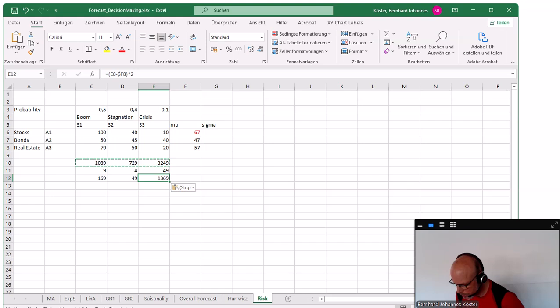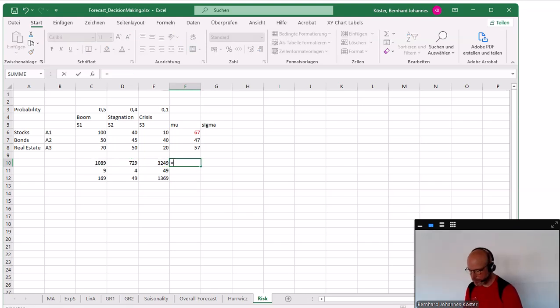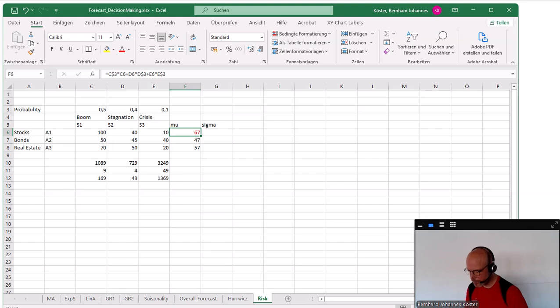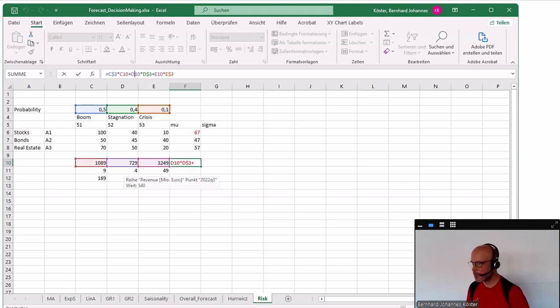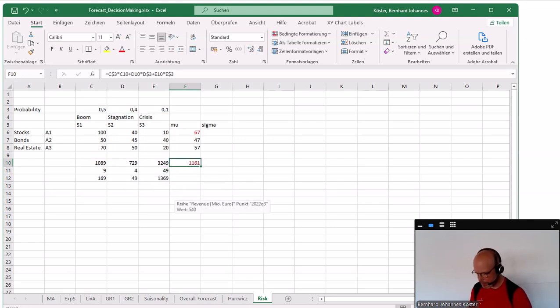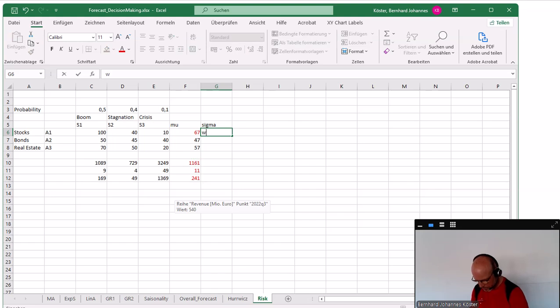This is 9 and 37 squared is also reasonable. So these are also the squared distances, and then let's calculate the variance, I think, this one. Is this true? Yep. So every number times the probability and summed up. And then the square root.